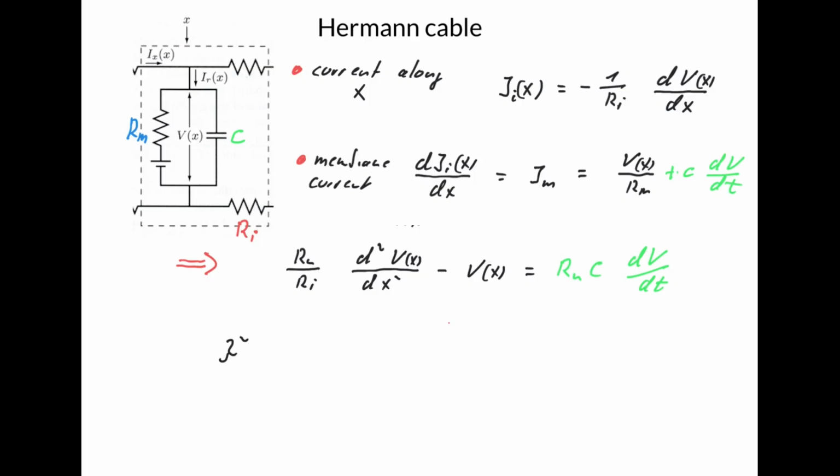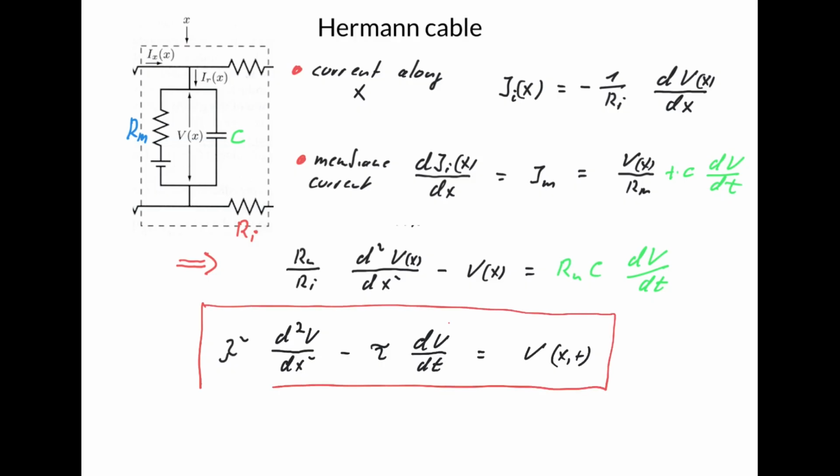Now reformulating, we obtain the linear cable equation, reading lambda squared times the second derivative of the voltage with respect to space, minus tau times the first derivative of the voltage with time, is equal to the voltage.